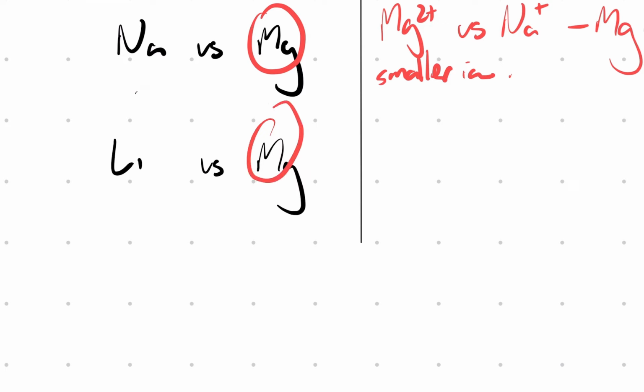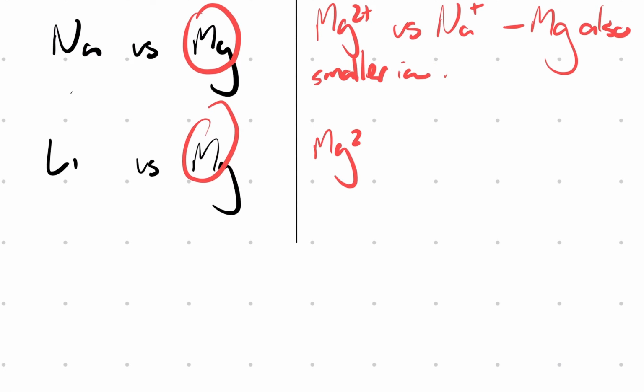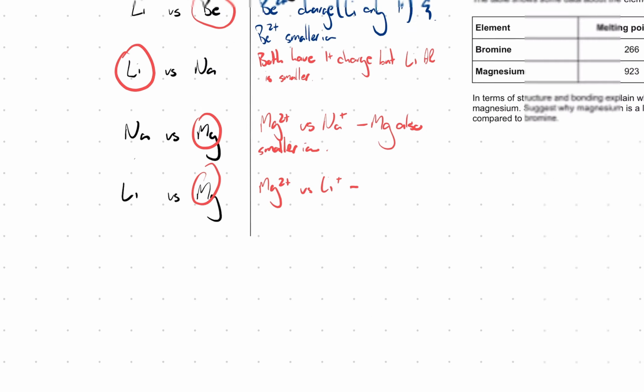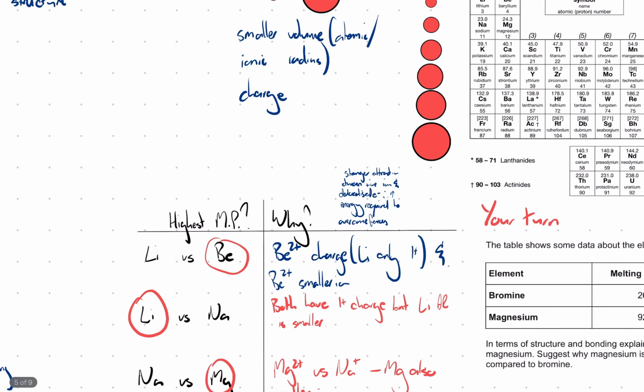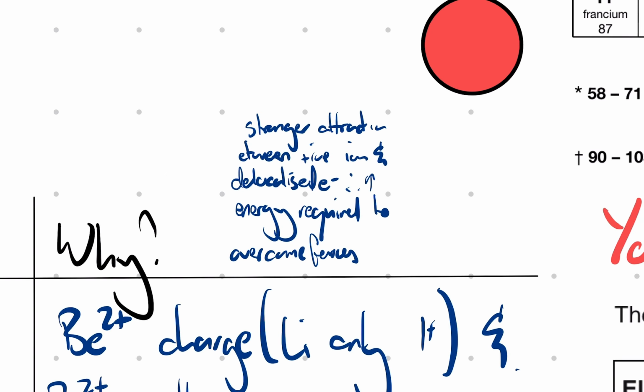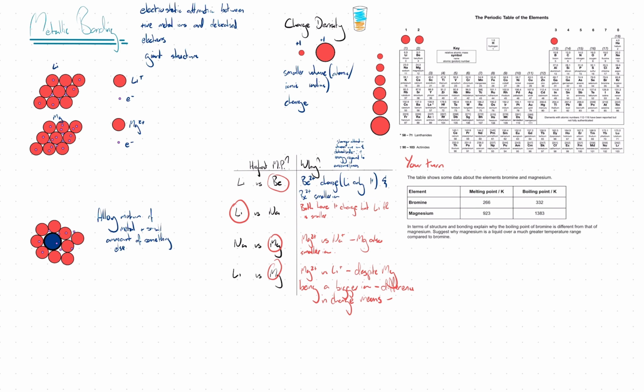So here we're going to say magnesium, Mg2+ versus Li1+, despite Mg being a bigger ion. Difference in charge means stronger attraction between positive ion, delocalized electrons, therefore more energy required to overcome the forces.